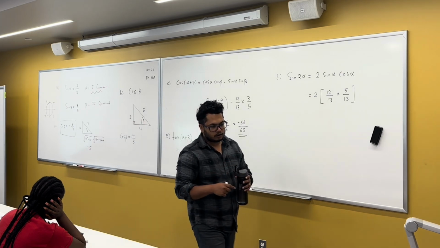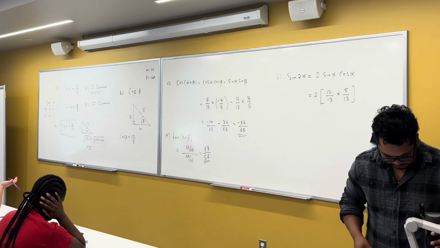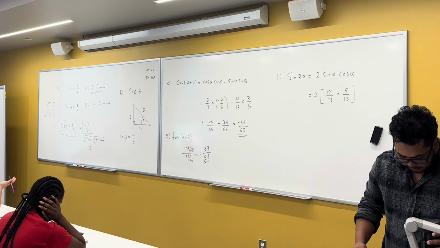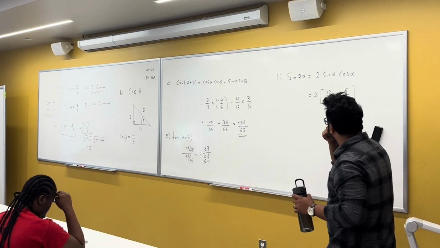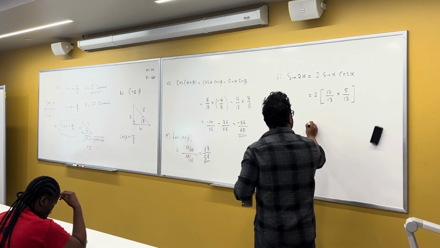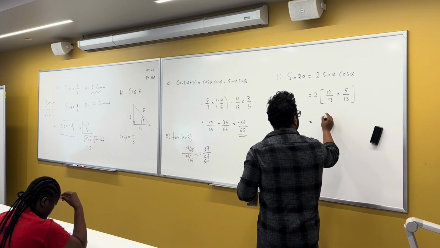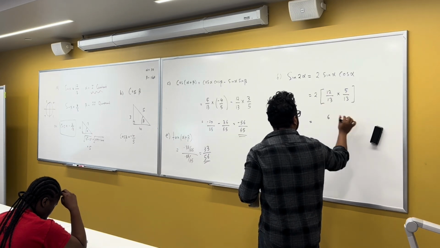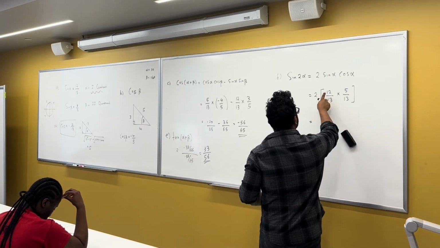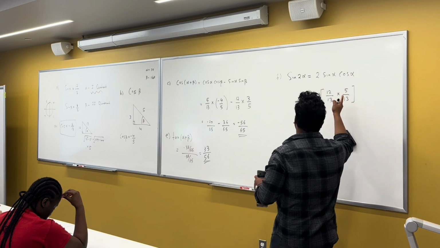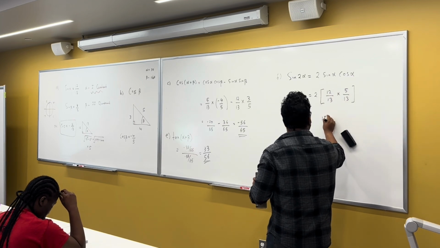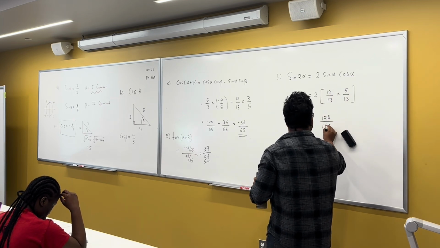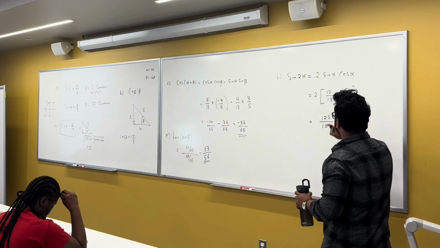Because in this practice question we cover everything, like sine, cosine, and everything. Okay, so what is this? 60. Oh, 60 times 2. 12 times 5 is 60. So 120 over 169.